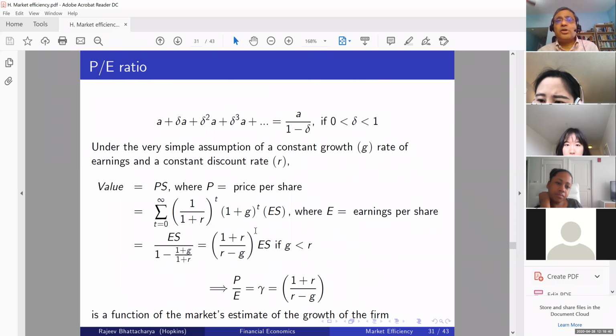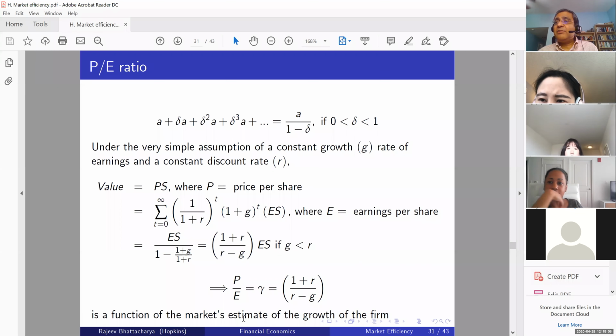So P is equal to the summation from t equals 0 to infinity of (1 plus G) raised to the T, times E, divided by (1 plus R) to the T, because that's what you're discounting it by, and the earnings are growing at the rate of G, where E is earnings per share. So you do the manipulations, and this turns out to be (1 plus R) divided by (R minus G) times E.